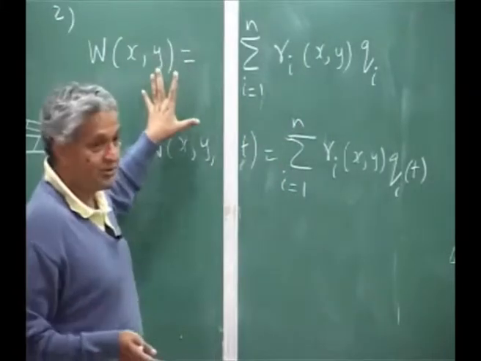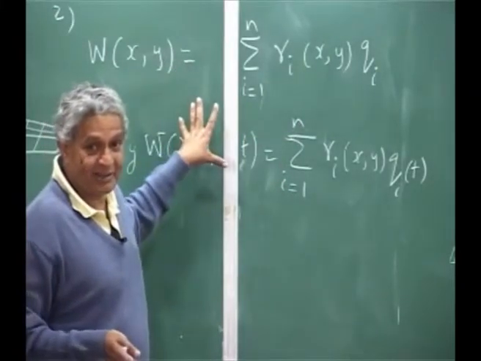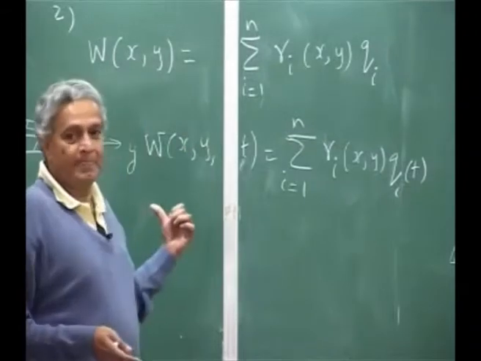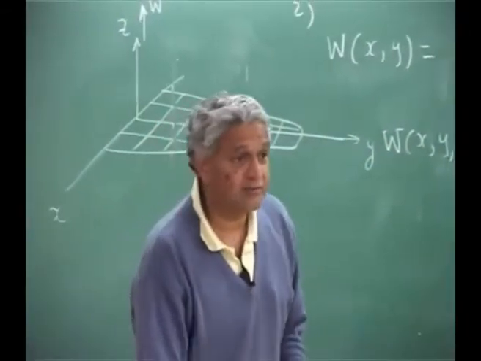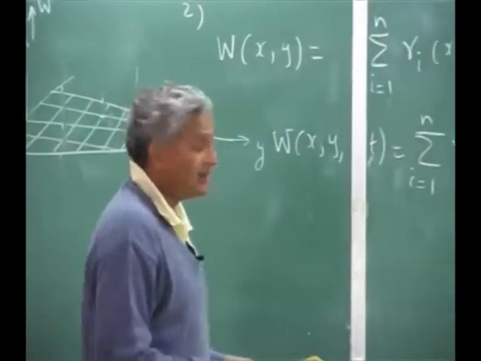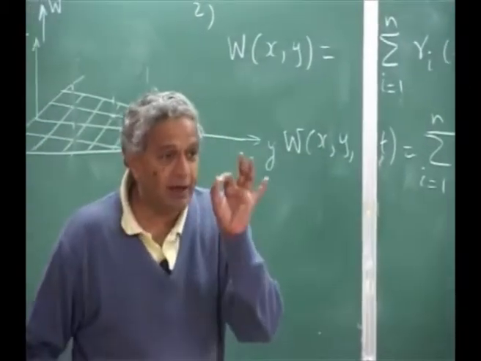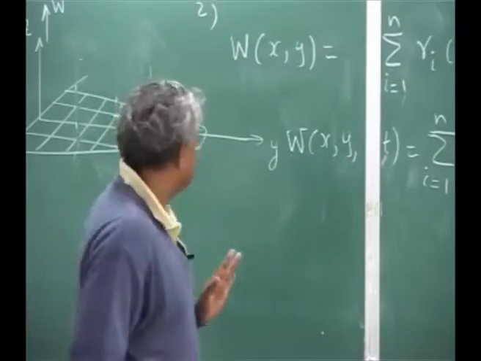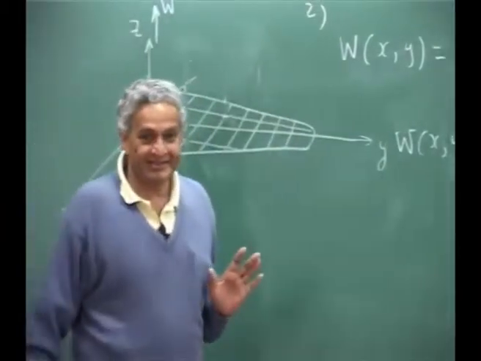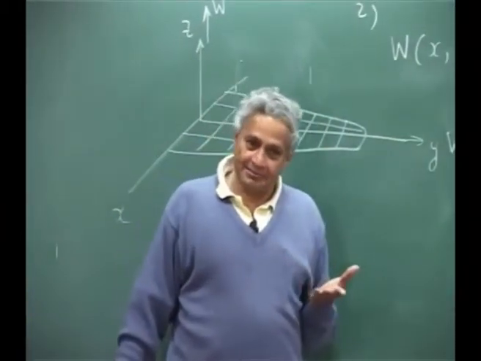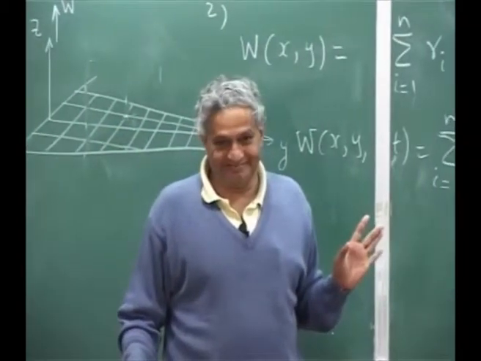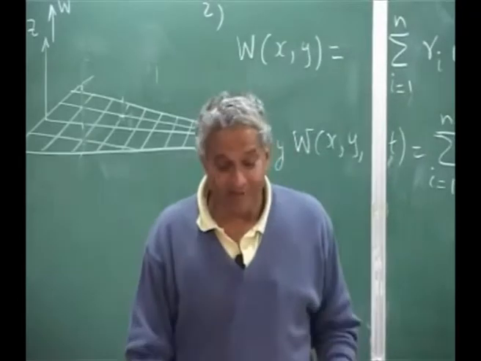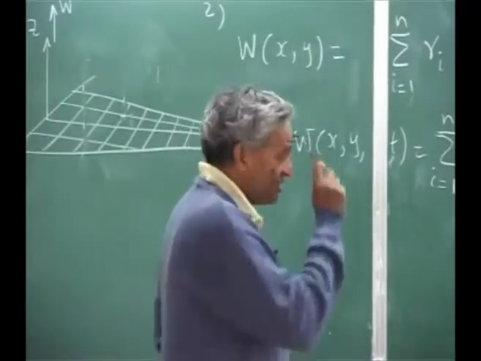I will substitute this in my aeroelastic equation, and then I try to satisfy this only at n locations. That means n points I must satisfy. I will not be satisfying everywhere.